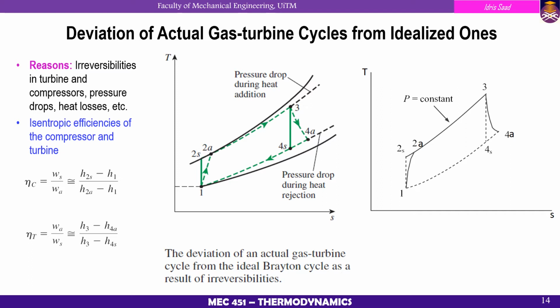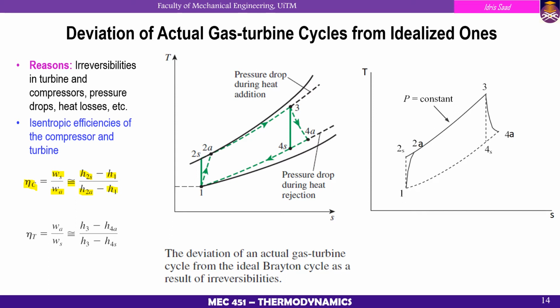As we learned in chapter 4, the isentropic efficiency of the compressor and the turbine is basically given by work isentropic divided by work actual for the efficiency of the compressor. This will give the approximation H2S minus H1 divided by H2A minus H1.